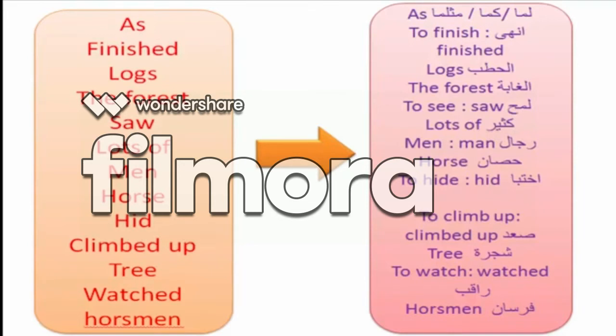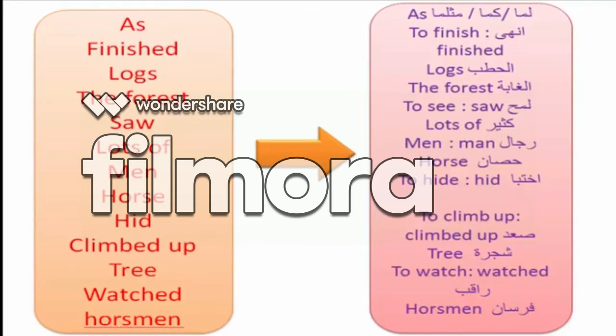It is in the past. We have also another expression, which is lots of. F is pronounced V. Lots of. كثير. Another word, men, singular man. المفرد man. الجمع men. رجال. Another word, horse. حصان. Horses. أحصنة.